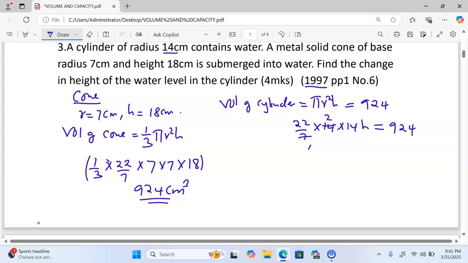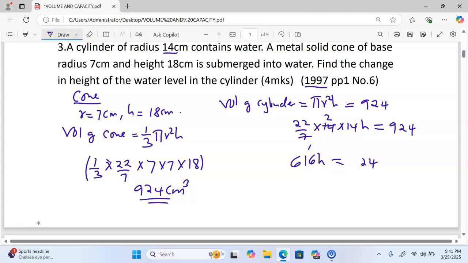We are going to have 22 times 2 times 14, which gives us 616, h being equal to 924.